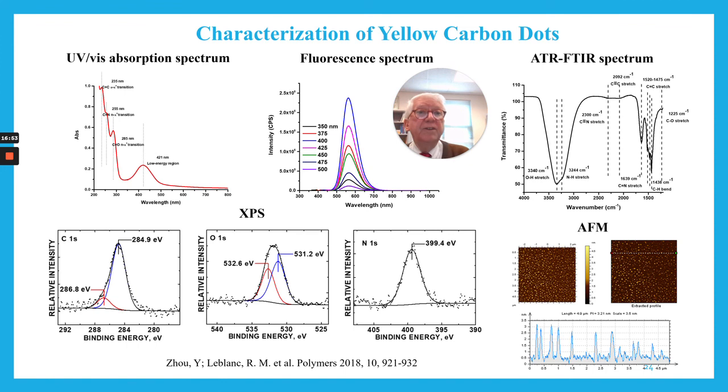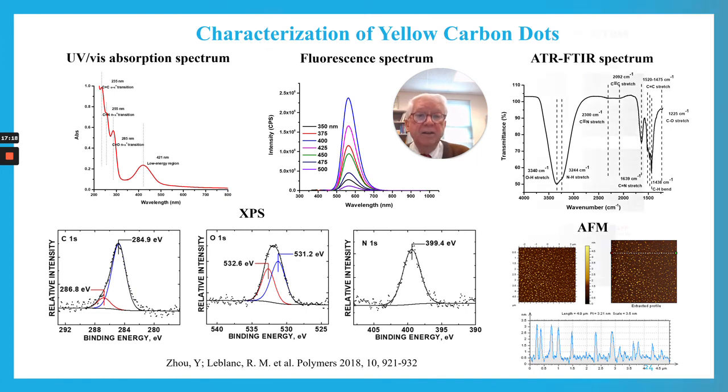There is a good correlation between FTIR and XPS measurements in terms of the presence of ligands on the carbon dot. And finally, atomic force microscopy gives us a very good size of 3 nanometers for the Z axis.